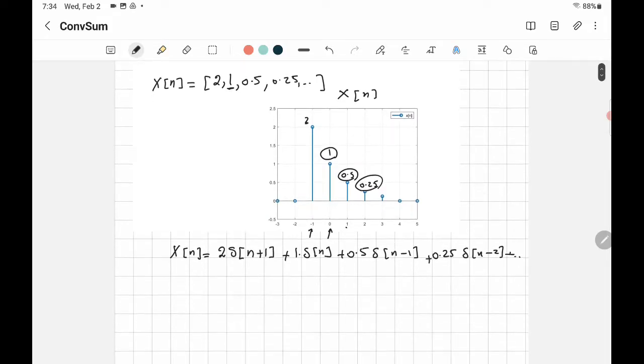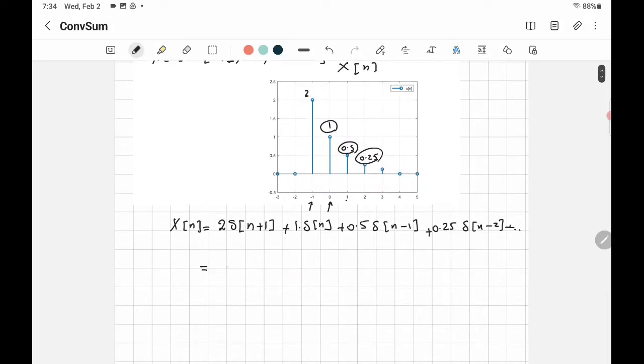Well, can we do it as a sum? It looks like a sum. To do that, just look at any element here. What does 0.25 represent? 0.25 represents the value of x at n equal 2. Now so we don't get confused between n and other things, just call it k.